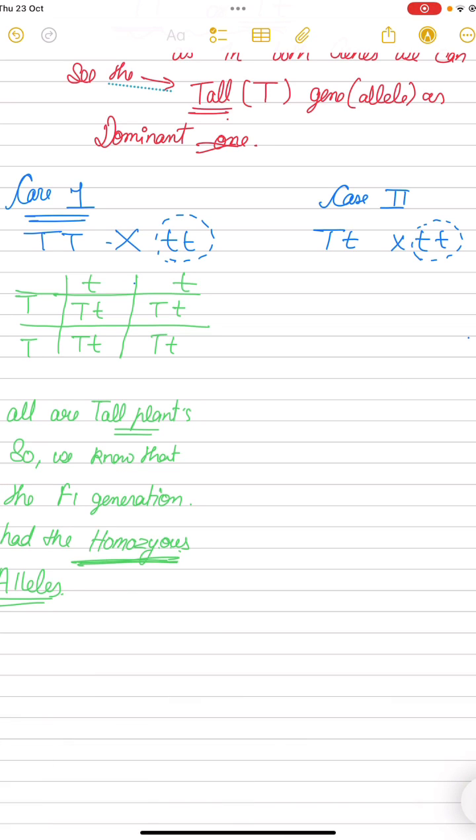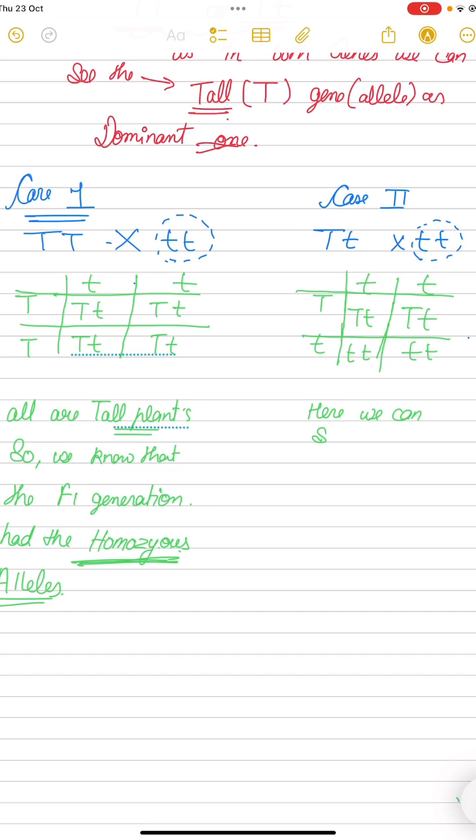If the F1 generation was big T and small t, now we cross it with the recessive parent, small t. The cross will give big T in 2 plants, but the other 2 will be small t.